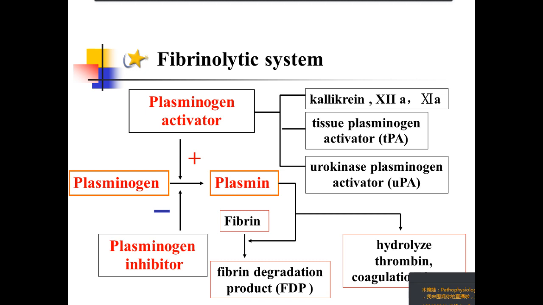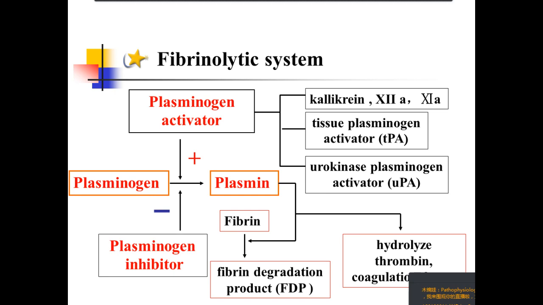They are called FDP. Plasmin hydrolyzes fibrin and forms fibrin degradation products, called FDP. So we know if the fibrinolytic system is activated, plasmin will increase.